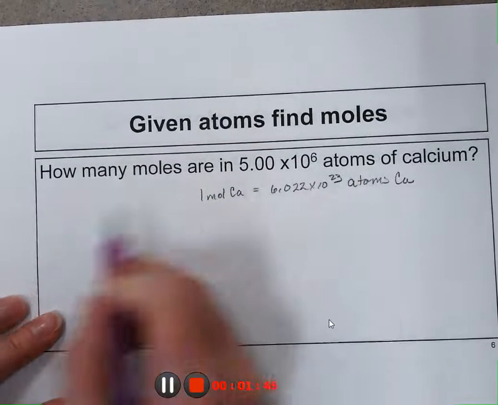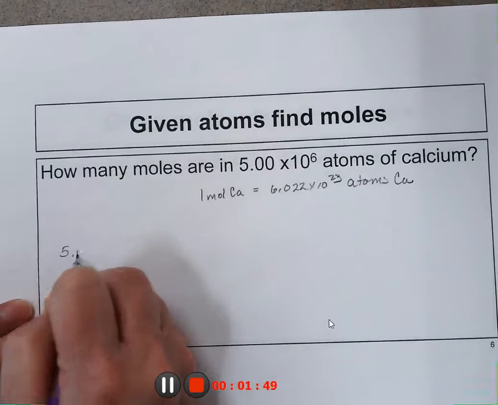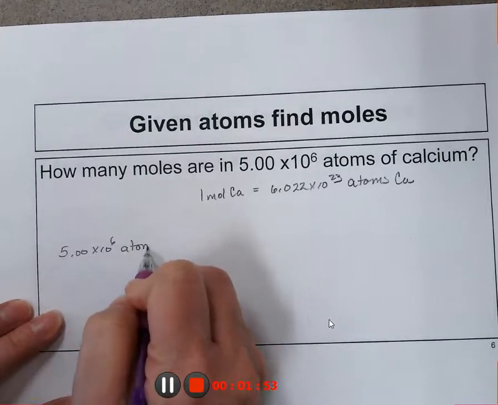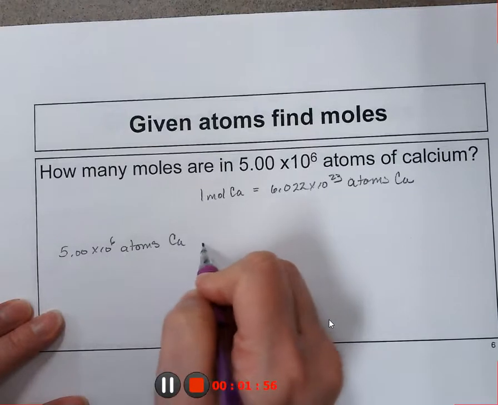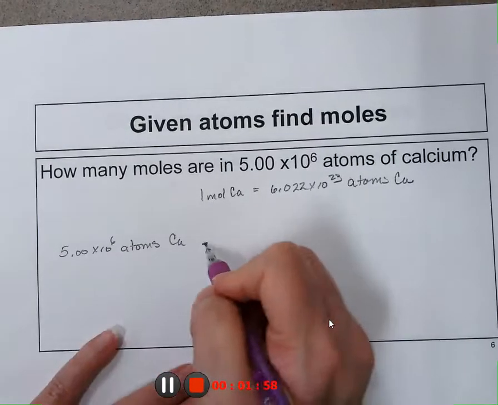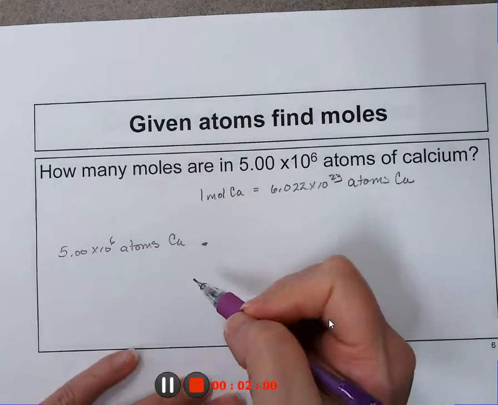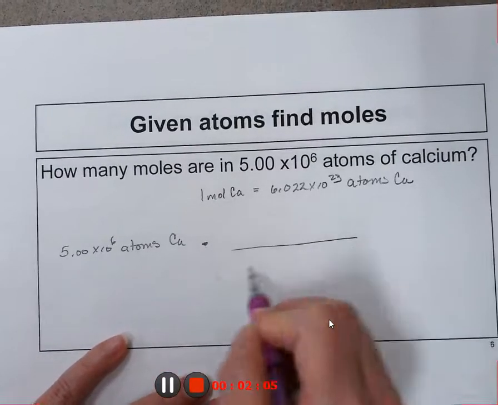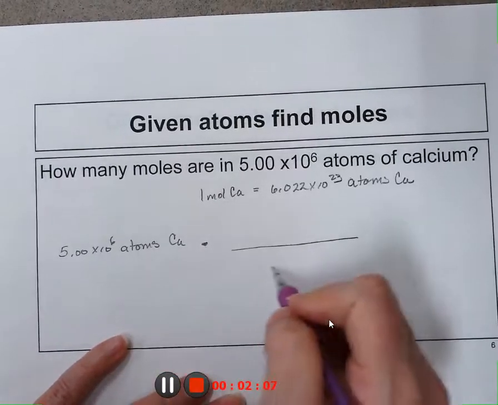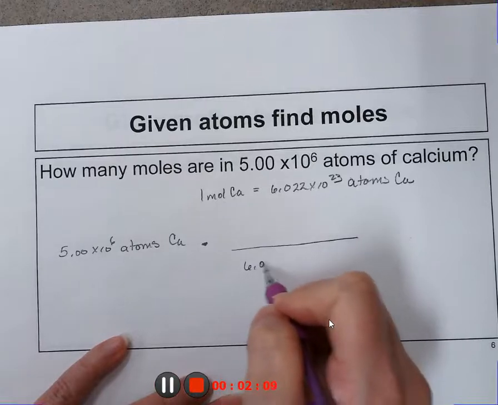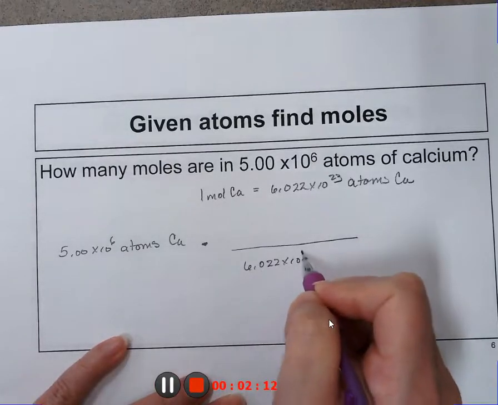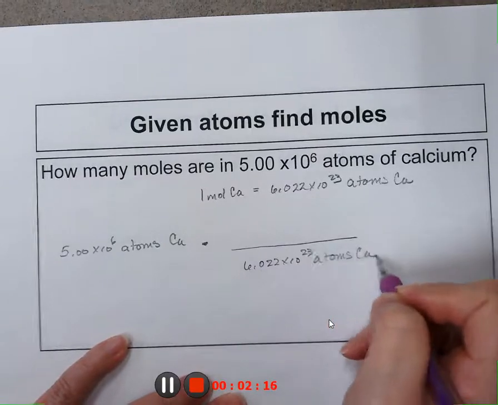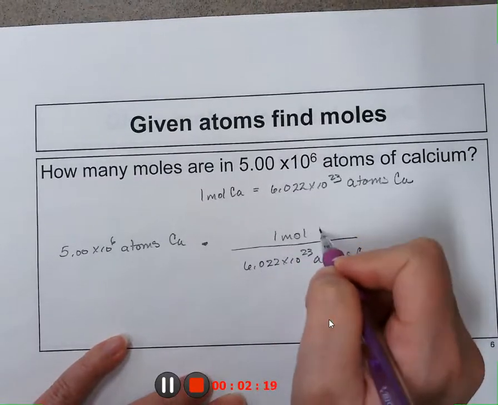I'm going to start off with the given, and I'm going to use the dot for my multiplication. I need to cancel my atoms, so in order for things to cancel, the atoms have to go on the bottom, and 1 mole goes on top.